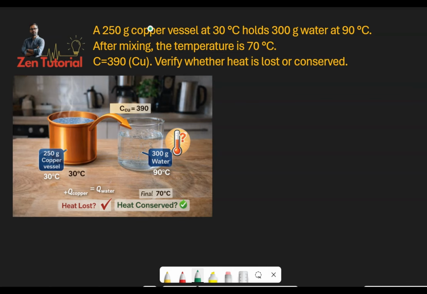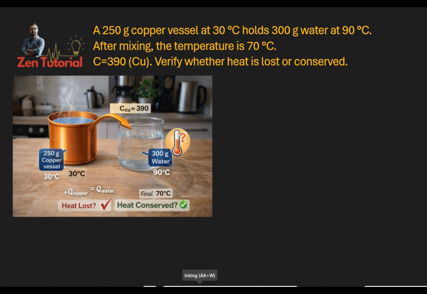In this example, a 250 gram vessel made of copper at 30 degrees Celsius holds 300 grams of water at 90 degrees Celsius, after mixing. What does it mean?